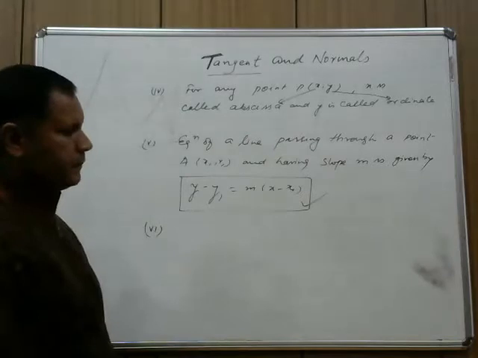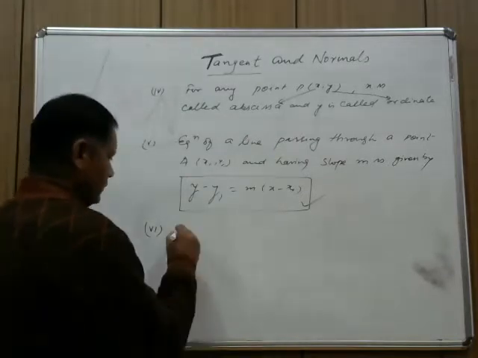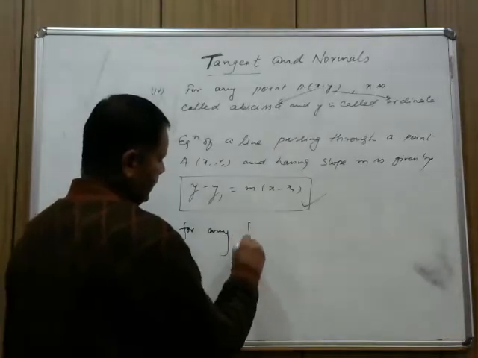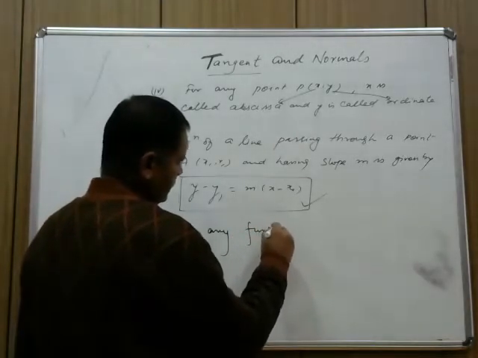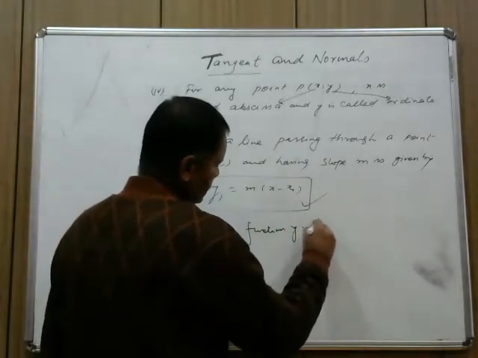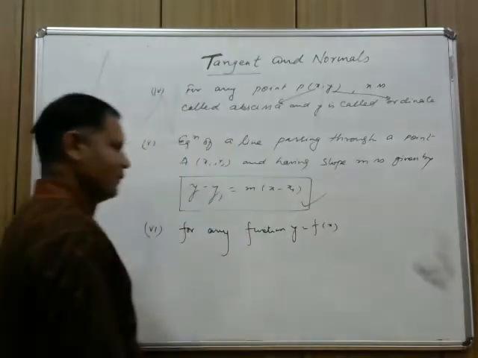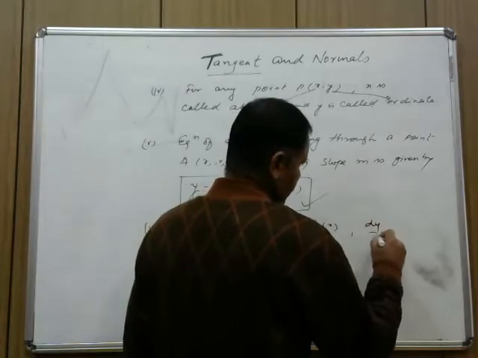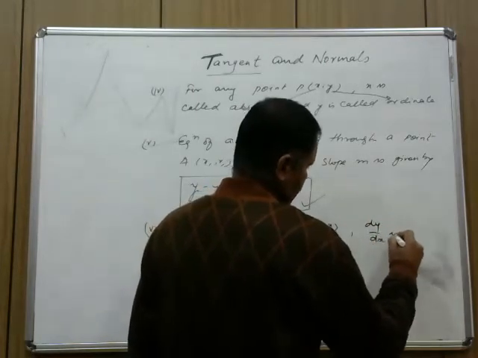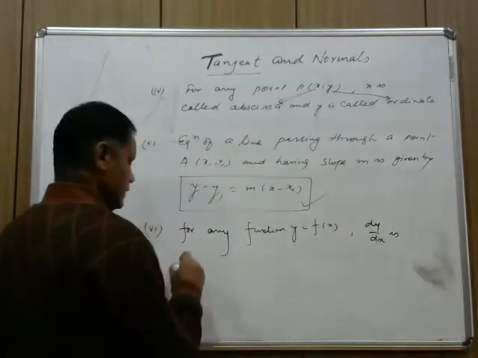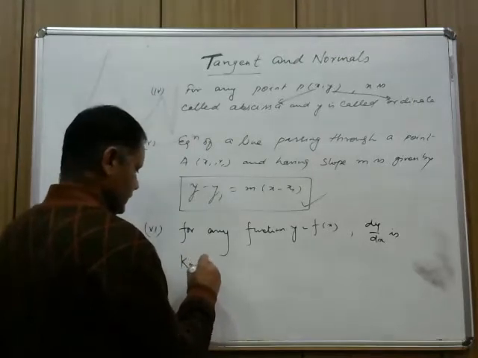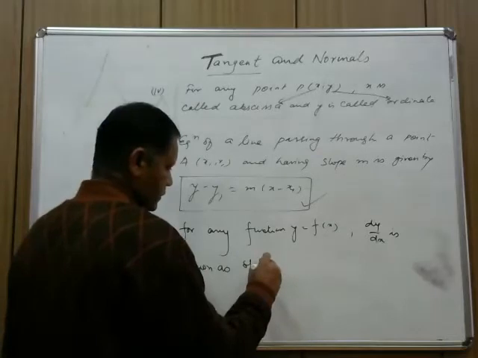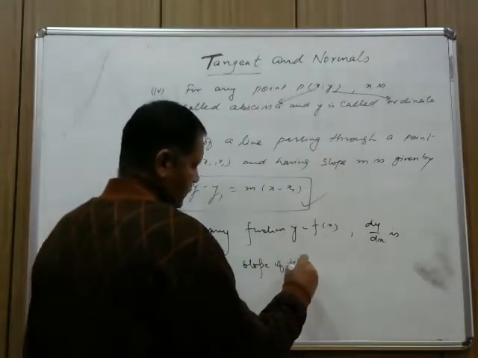Sixth, for any function y is equal to f of x, dy by dx is known as the slope of the function.